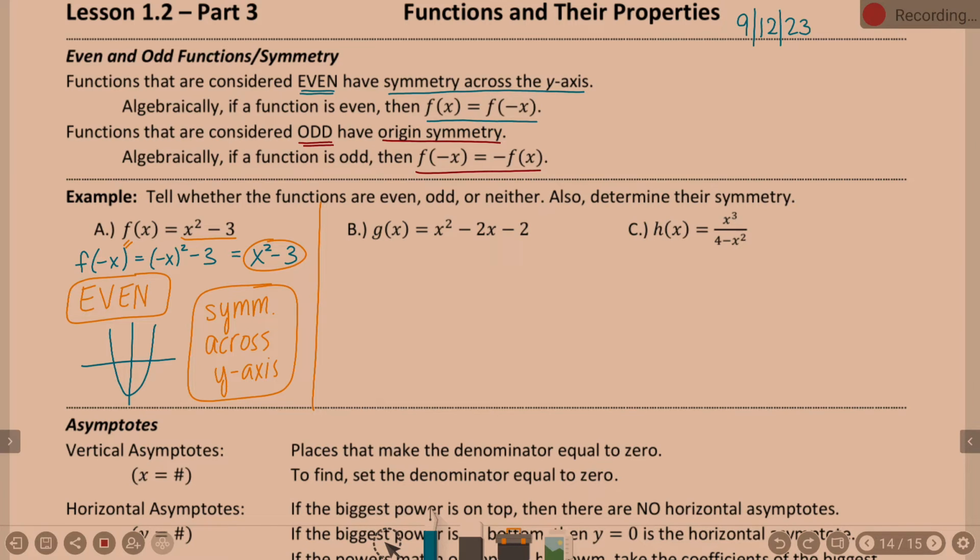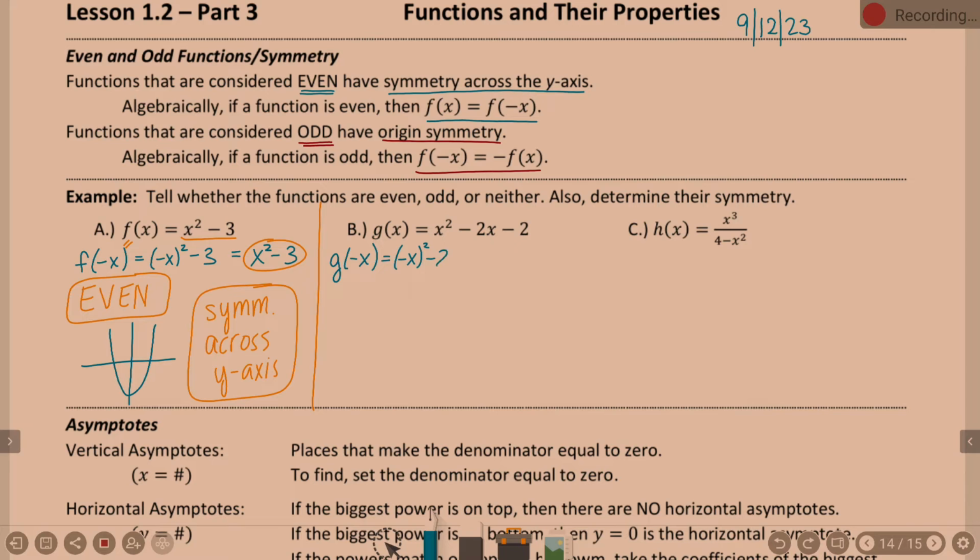g of x equals x squared minus 2x minus 2. I'm going to start off the same way, by finding g of negative x. Every place I see an x, I'm replacing it with negative x. So x squared, I'm going to write negative x in a second.